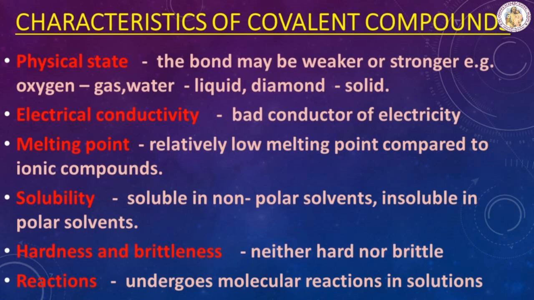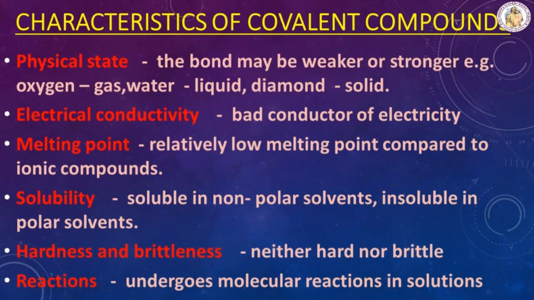Now let's see the characteristics of covalent compounds. First is physical state. Depending on the force of attraction between covalent molecules, the bond may be weaker or stronger. Thus, covalent compounds exist in gaseous, liquid, and solid form. Example, oxygen is a gas, water is a liquid, diamond is a solid.